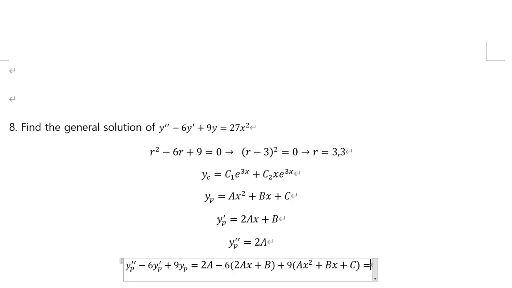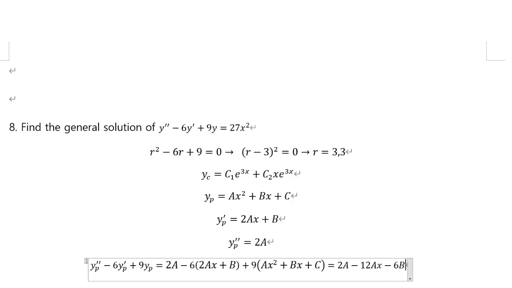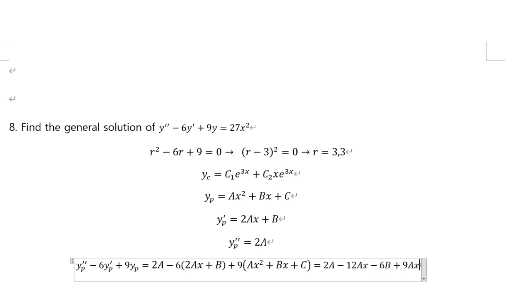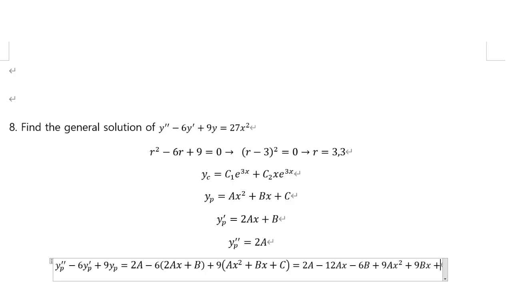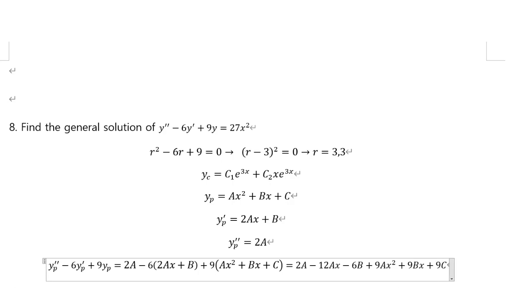And let's simplify this. You get 2a minus 12ax minus 6b plus 9ax squared plus 9bx plus 9c. And then if I collect all the like terms, let's see what we get.